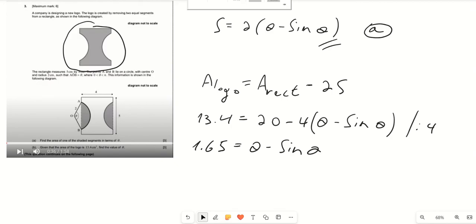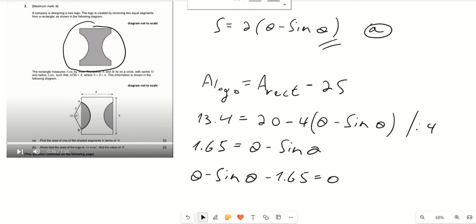And if I take everything to one side, I come to an equation with a variable theta, and we need to find theta. Now this equation can be solved graphically and not algebraically.